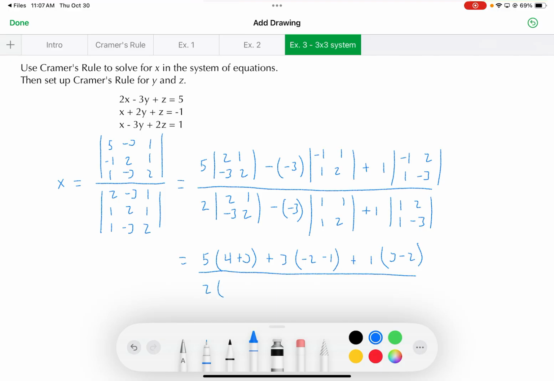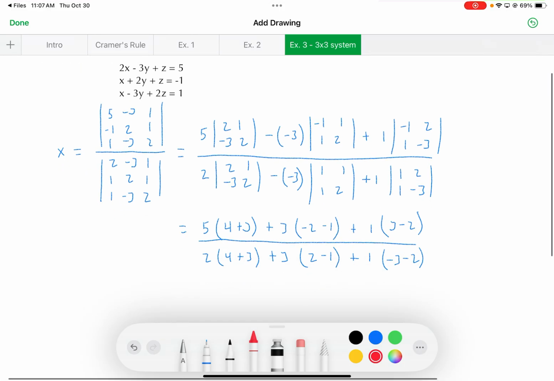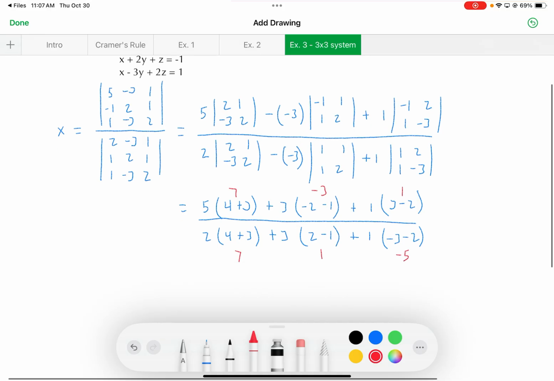Down below, you get a 2 times 4 plus 3 again, plus 3 multiplied by 2 minus 1, plus 1 multiplied by negative 3 minus 2. Okay, that's going to give me a 7, a negative 3, a 1, a 7, a 1, and a negative 5. Now I'll do all my multiplications.